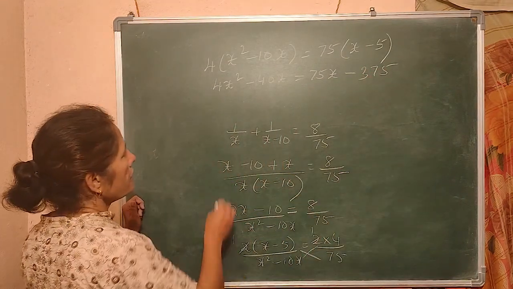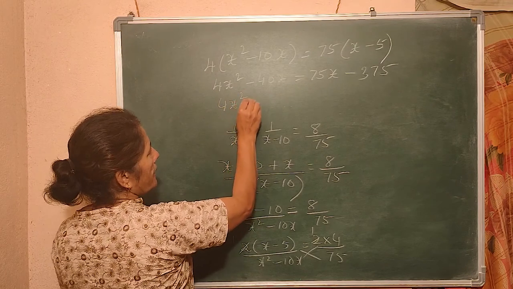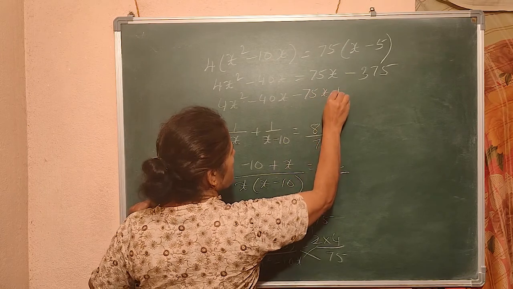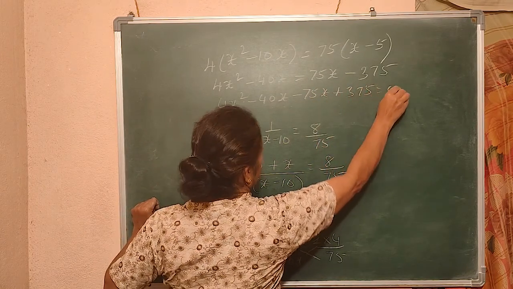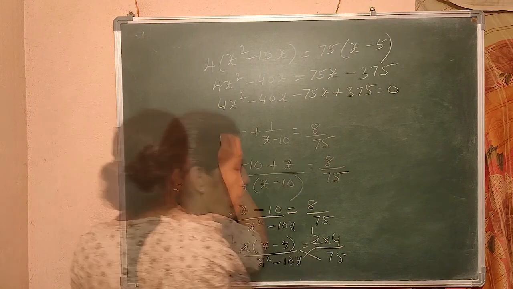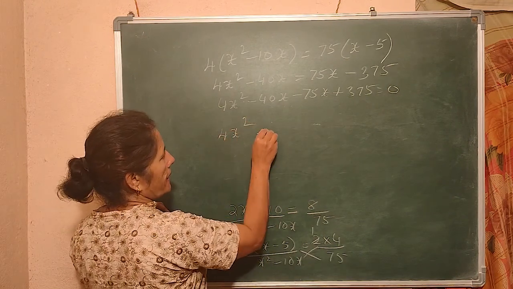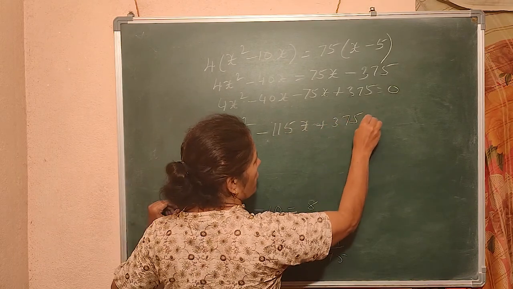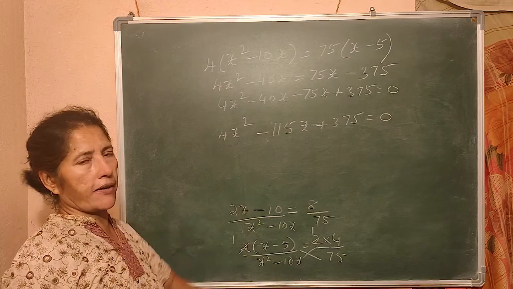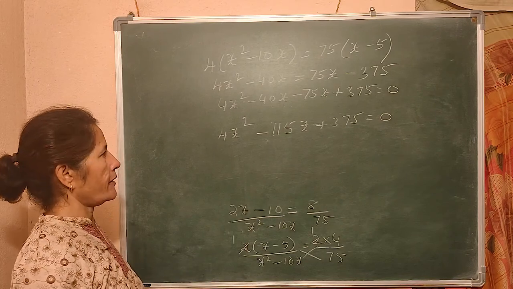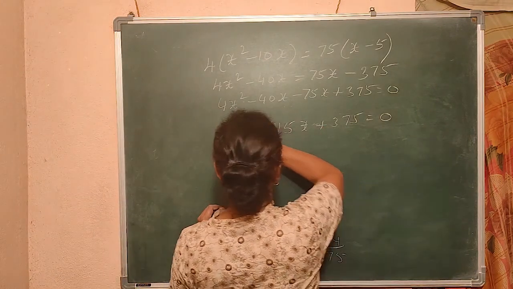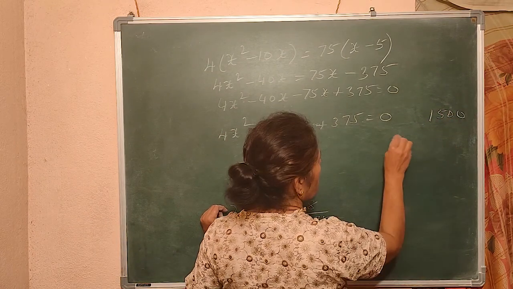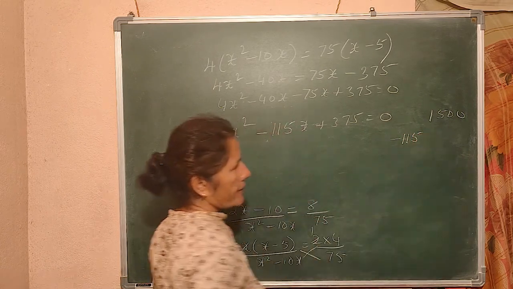So 4x squared minus 40x minus 75x plus 375 is equal to 0. So 4x squared minus 115x plus 375 is equal to 0. 4 into 375 is 1500. So the product has to be 1500 and the sum has to be minus 115.